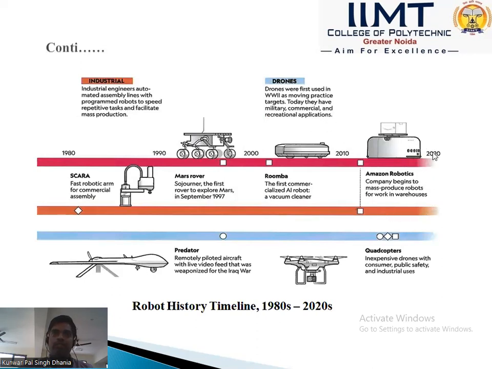In 2020, Amazon Robotics began to mass produce robots for AI in warehouses. So this is the history of the changes adopted by robotics.